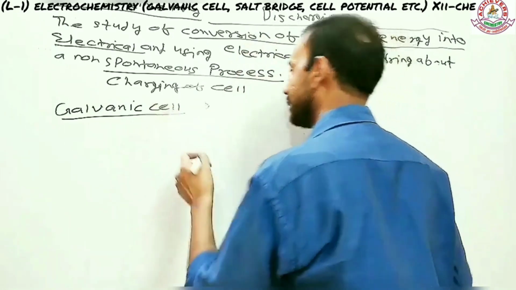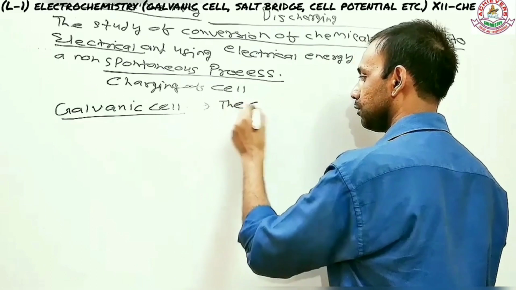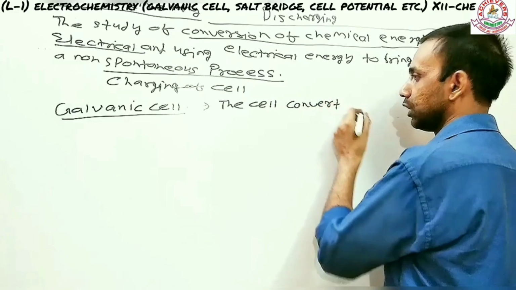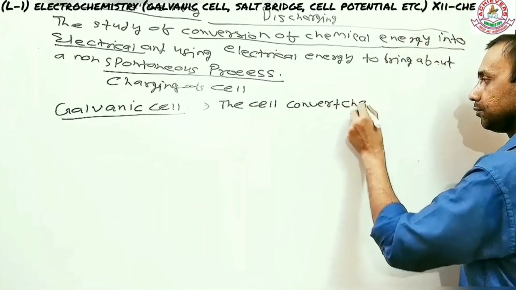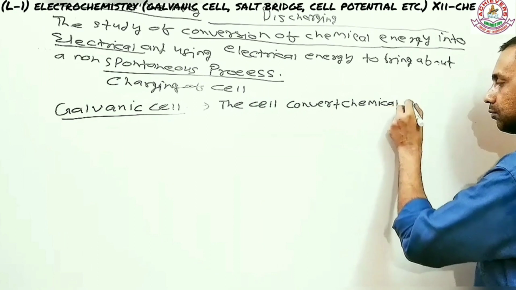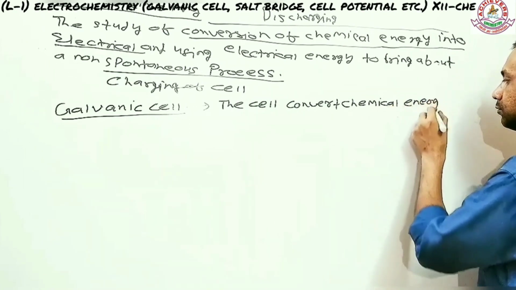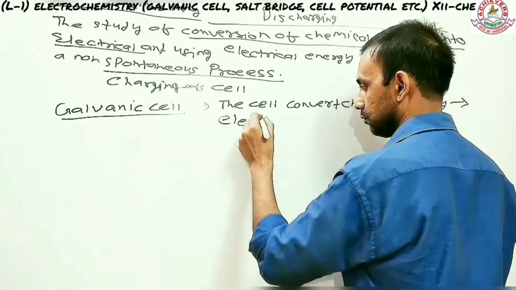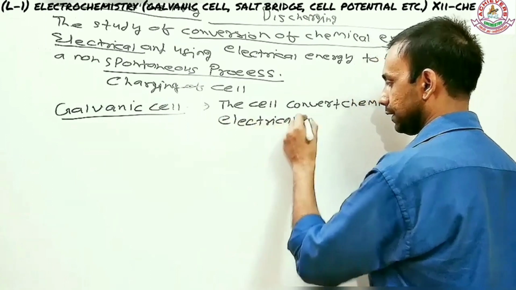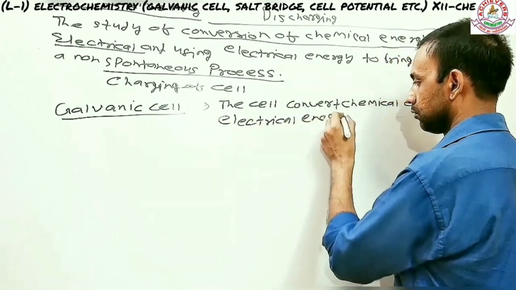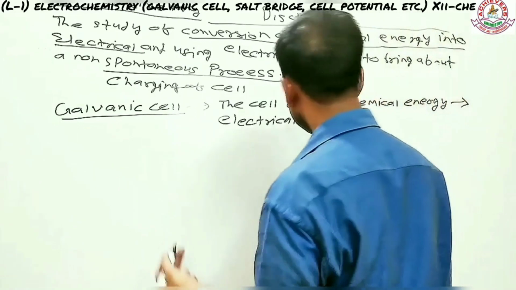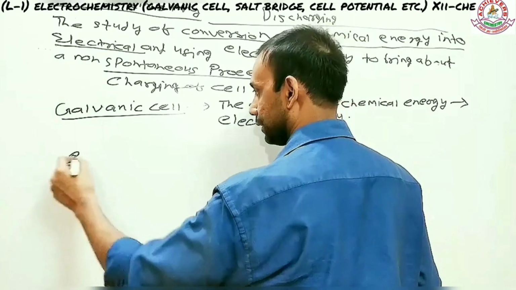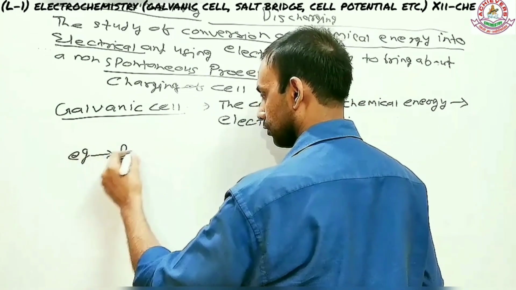But what this is, the cell converts chemical energy into electrical energy. And the first galvanic cell that was designed was the Daniel cell. So I'm taking an example here.